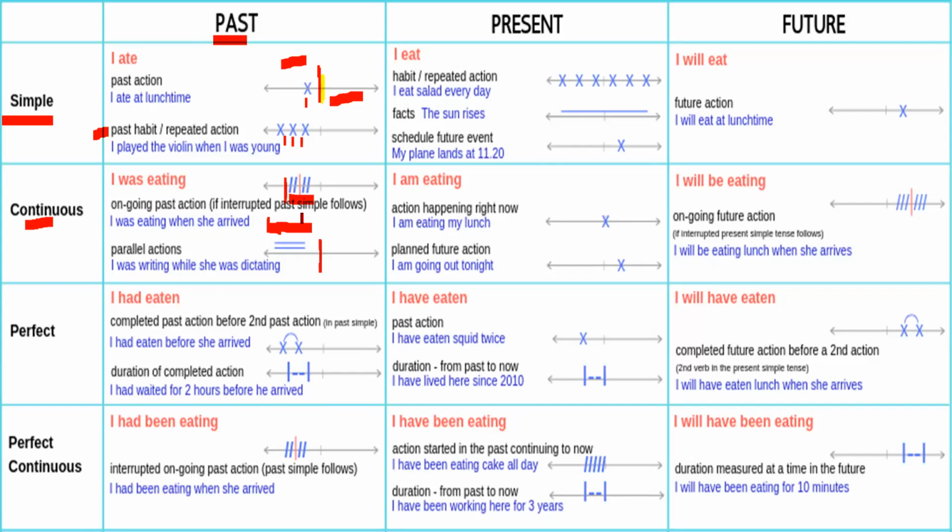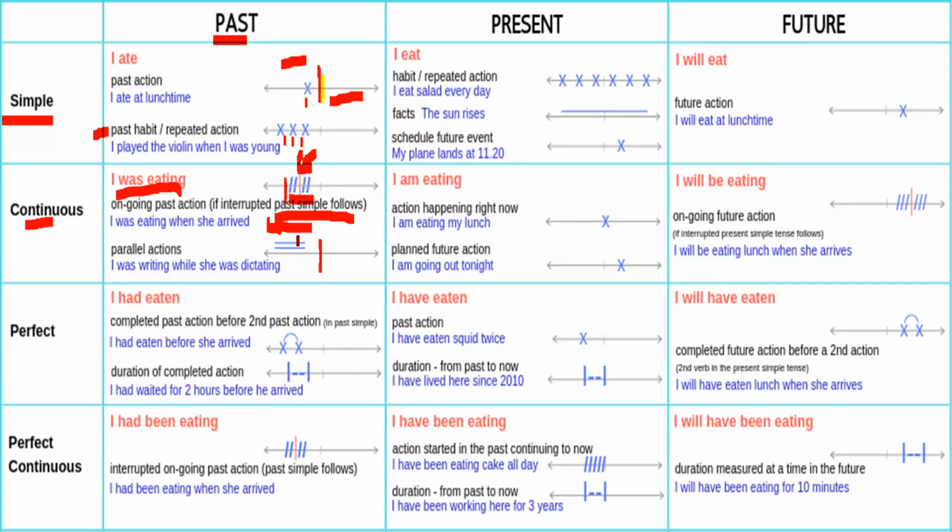And you can use another part to add another event happened also in the past, but it's of a shorter duration, because the longer duration was eating, because this is the continuous one, longer duration but in the past. And the second event in past simple, because it's an on-the-spot action, happened and ended.